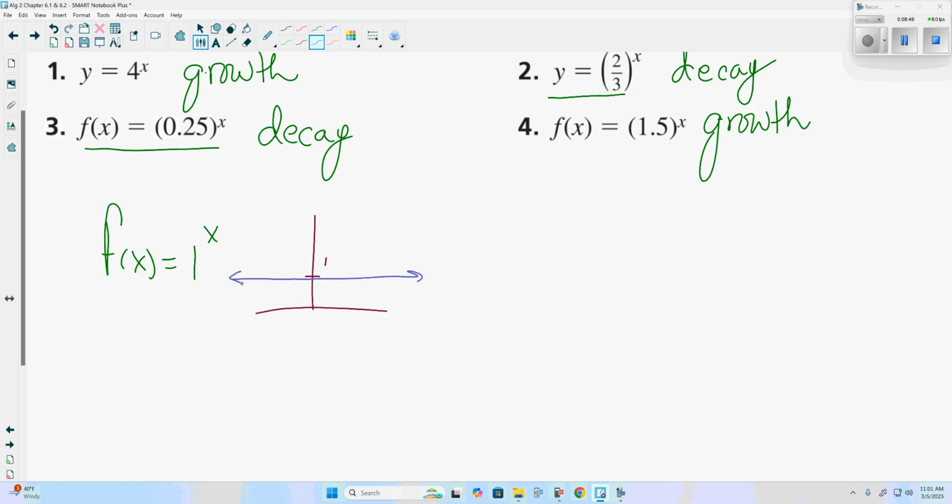Because 1, no matter what the power, is going to be 1. 1 to the 0 is 1. Even if we said 1 to the negative 4th, well, that's just the same as 1 over 1 to the 4th. 1 to the 4th power is still 1. So notice that 1 to the negative 4th is still just 1. It doesn't increase, it doesn't decrease, it's just a flat line.